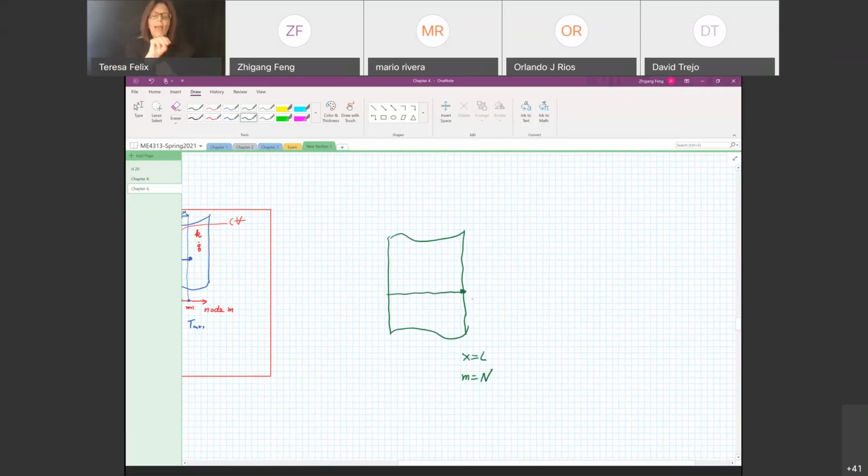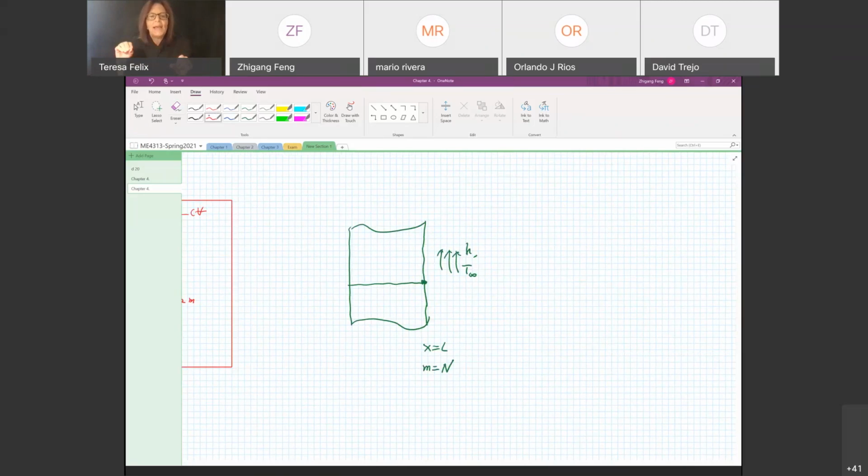So this is node number n. I have a convection boundary condition with convection coefficient h, flow temperature T sub infinity. So how do I derive an equation for this boundary node T sub n? N is the boundary node, so don't confuse it with an internal node.